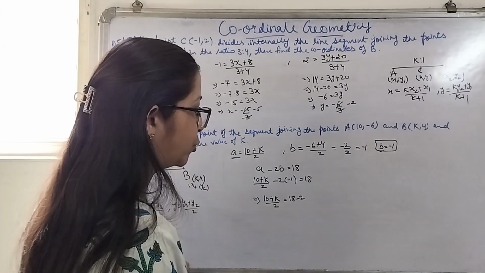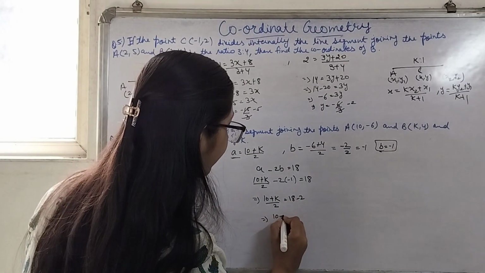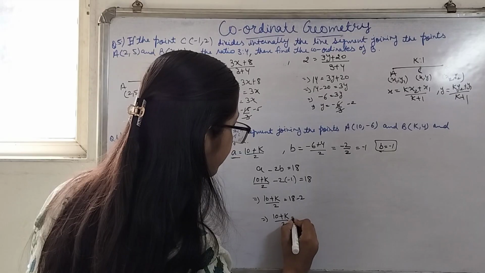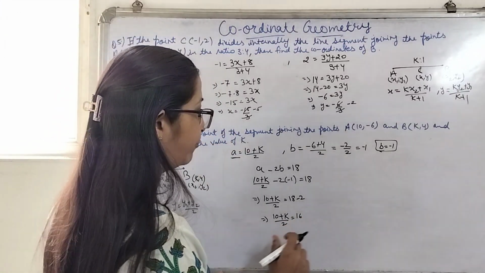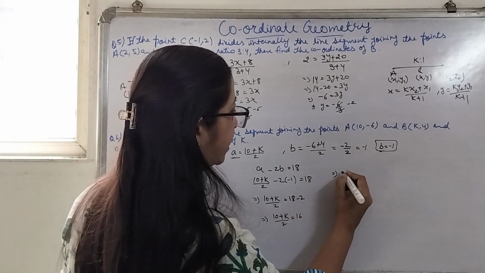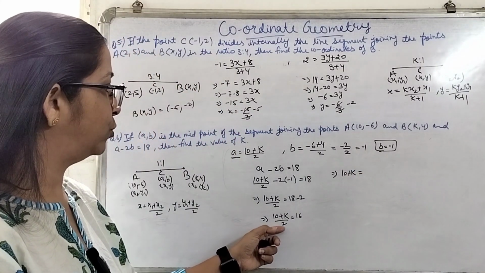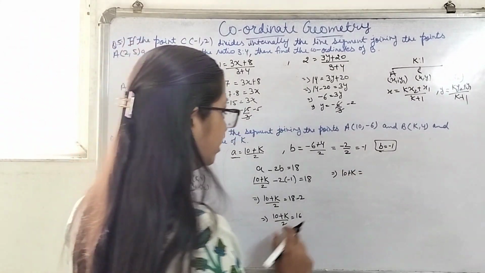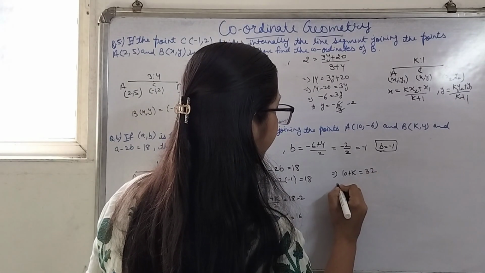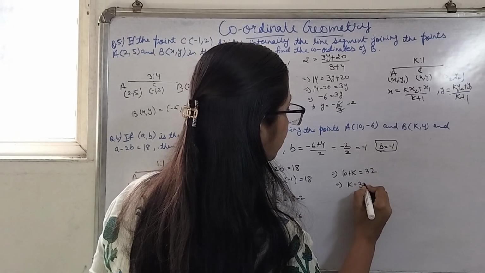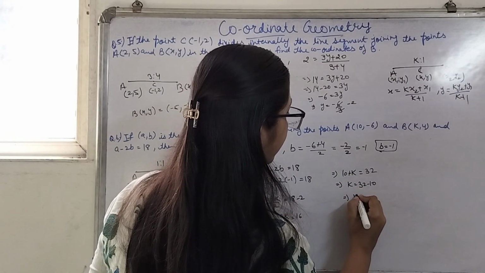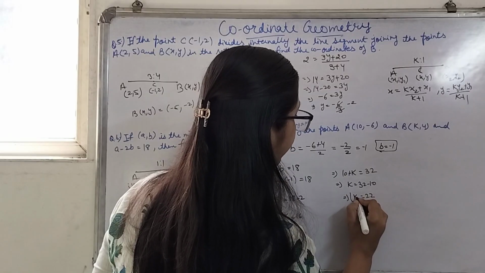So 18 minus 2 it will be, or we can say 10 plus k by 2 is 16. And if we solve it further, 10 plus k will be 16 multiplied by 2, which is 32. And the value of k will be 32 minus 10. That is, the value of k is 22.